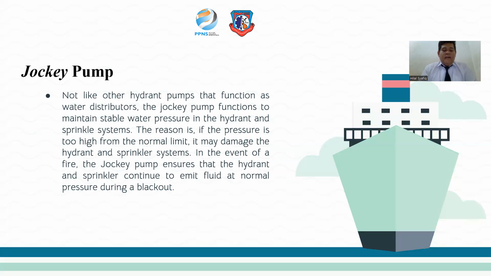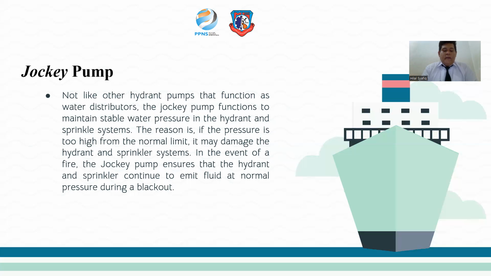For example, in a fire accident, the jockey pump will work first when water in the pipe flows out. Then after the water flow decreases and pressure drops, the electric pump will refill the pipe with water. The water that comes from an electrical pump has a big pressure, so the jockey pump works to normalize it before it comes out.